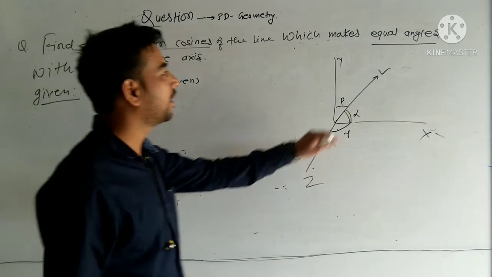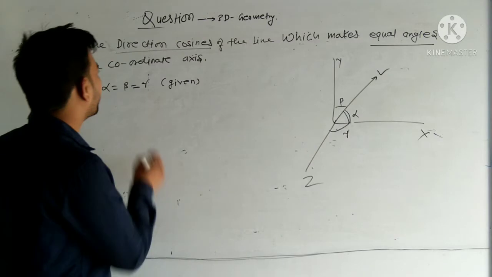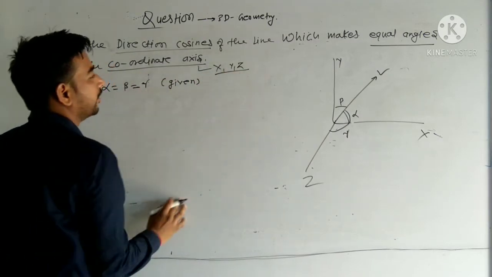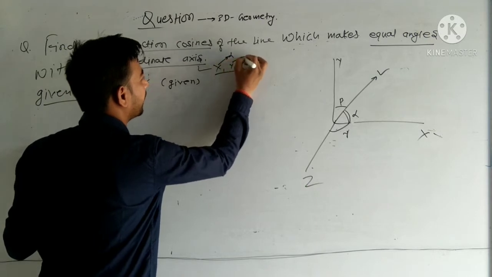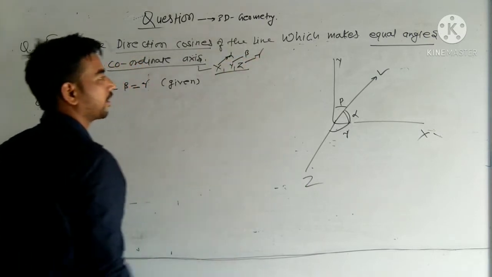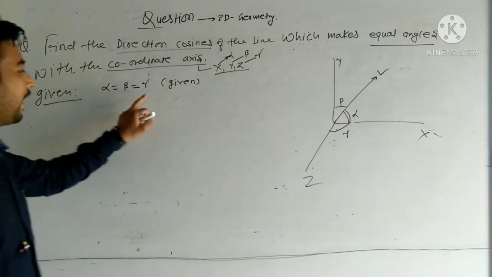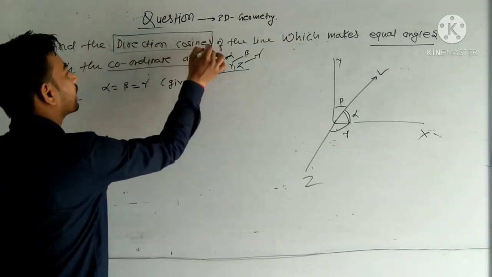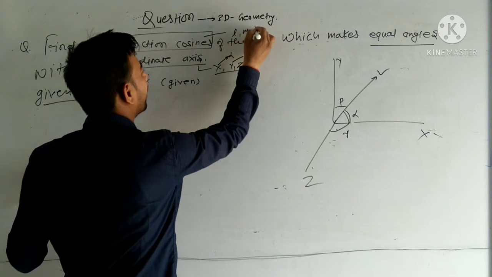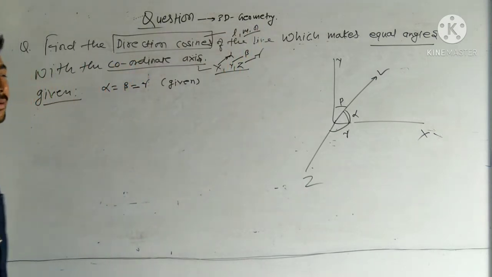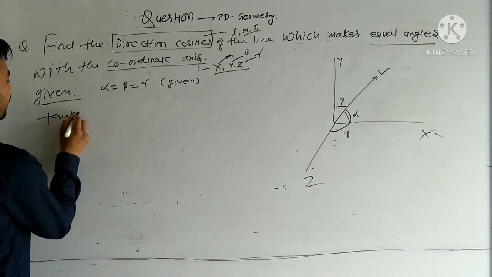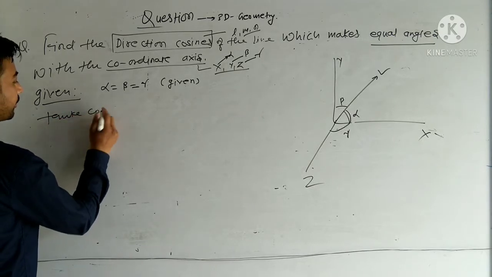Because the angles made with coordinates, that means x, y and z. So with the x-axis alpha angle, beta, this one is gamma. So all angles are equal. And you have to find direction cosines, that means L, M, N. So solve this one. Take cos both sides.